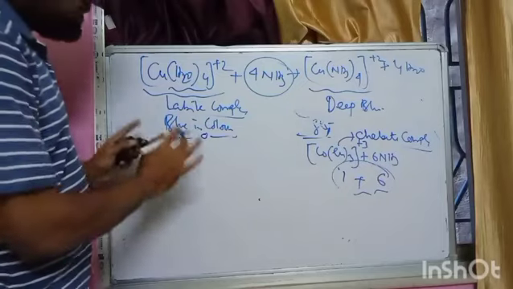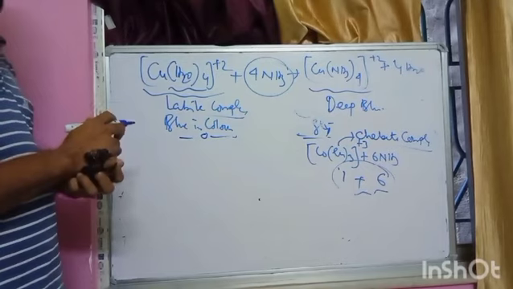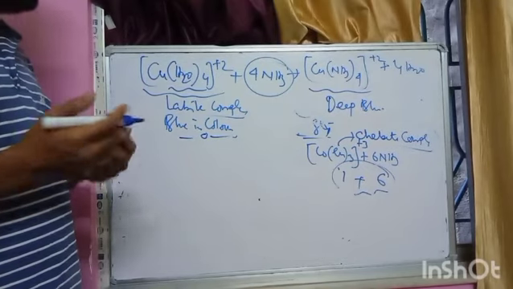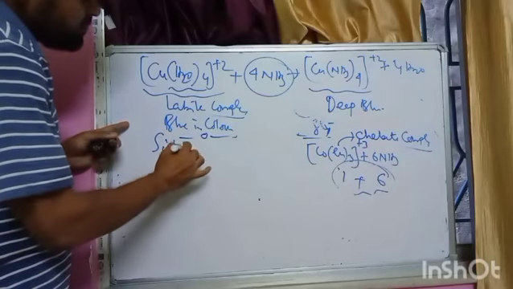Effective atomic number means the total number of electrons surrounding a central metal ion is nearest to that of a noble gas.